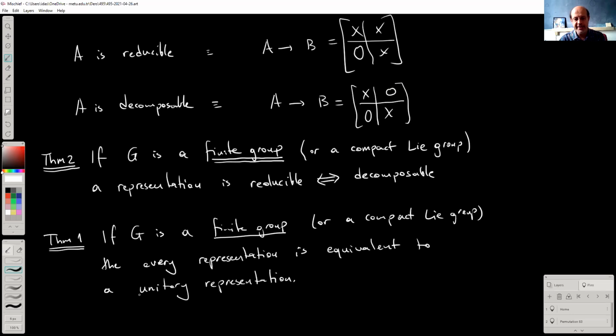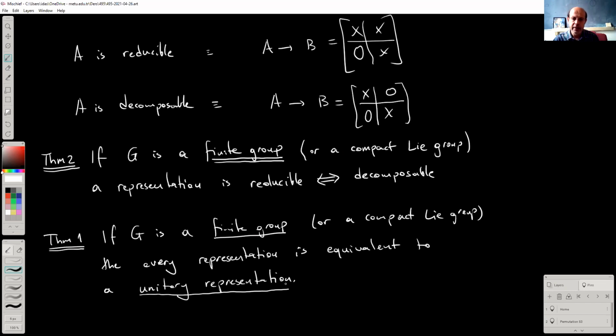Okay, so by this, we enter into the wonderful world of unitary representations. In any case, I can basically do a similarity transformation and convert every representation to a unitary representation. And in applications, we are going to see the reason for that. First, in quantum mechanics, especially for finite symmetric groups, every representation will already be a unitary representation, because we are going to start with unitary representations in any case.